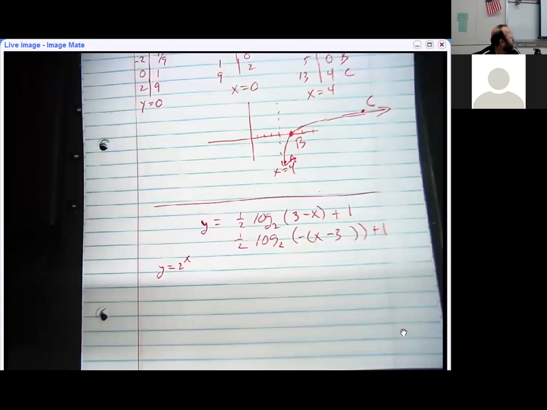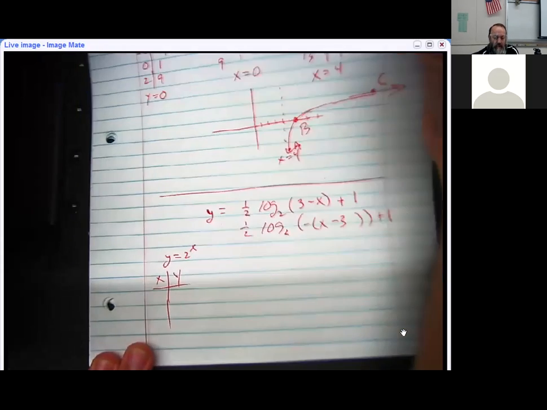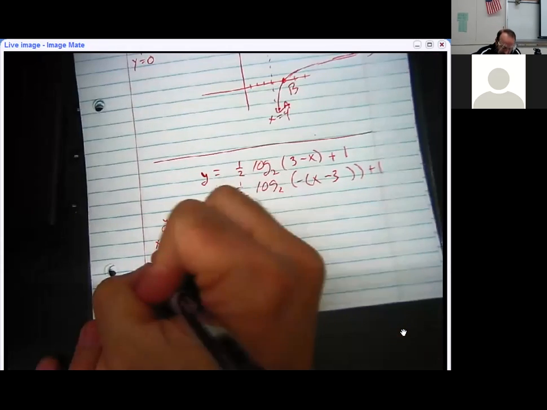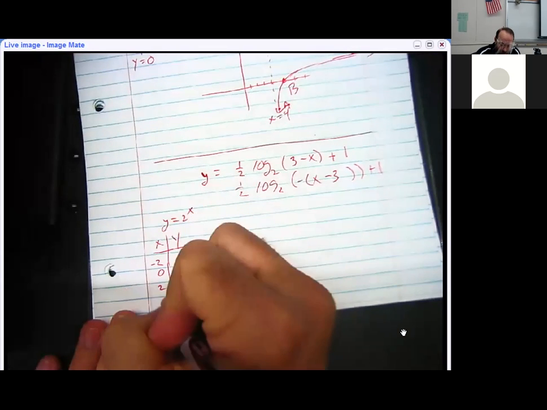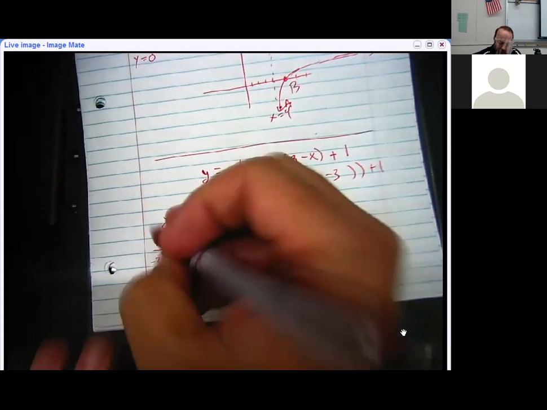Again, different people do this differently. I'm going to start with 2 to the x. You may look at videos, you may talk to other people that do this slightly differently than I do, but I always start with the exponential because I find that to be very, very simple. The exponential is nice.